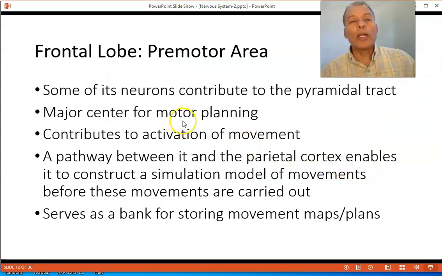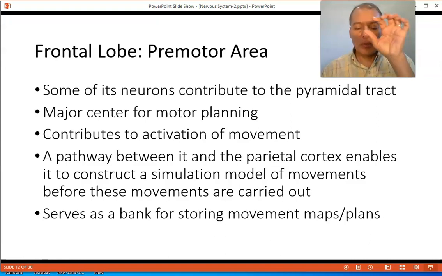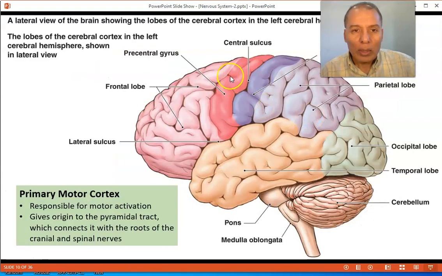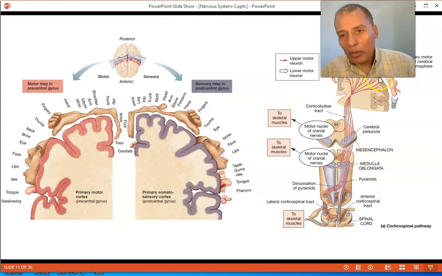The premotor area lies anterior to the motor cortex, or to the precentral gyrus. Some of the fibers from the premotor cortex, which lies here, go down as part of the pyramidal tract, or the pyramidal pathways.